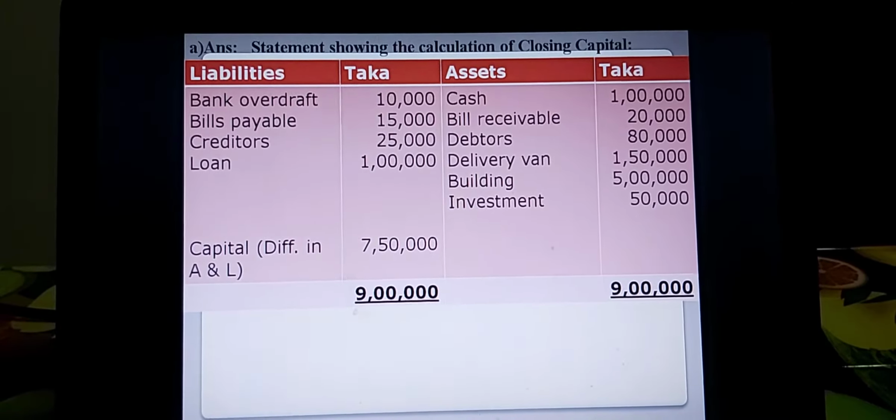From the stem, on 31st December, the assets and liabilities are available. We can take from this stem.